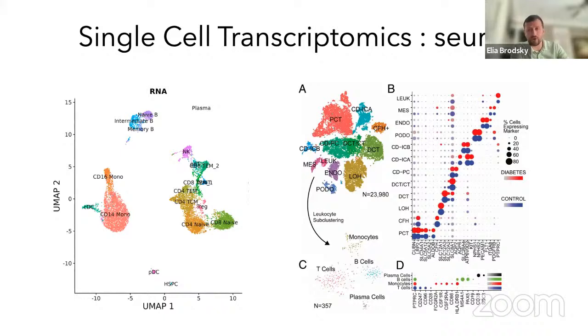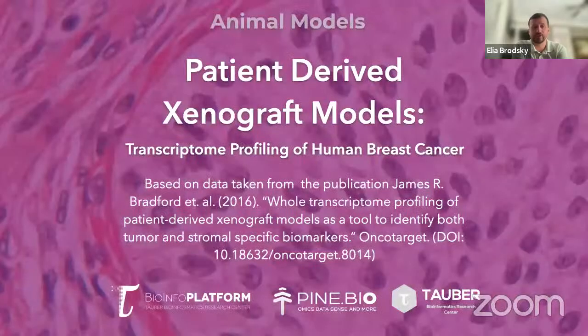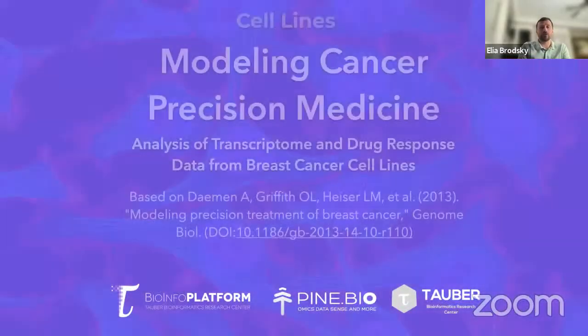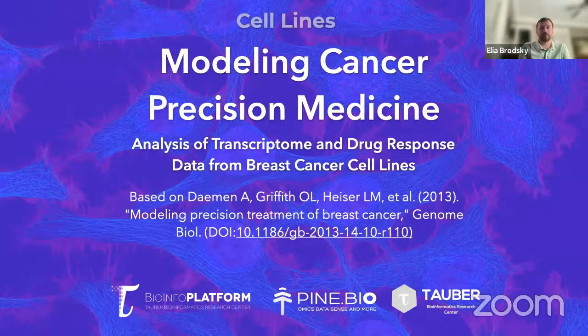Now, all of these are going to be given in the context of several different project examples. And we'll talk about patient-derived xenograft models, where we will compare tumor and the microenvironment. We will talk about immune cells and ability to understand different subtypes of cancer.